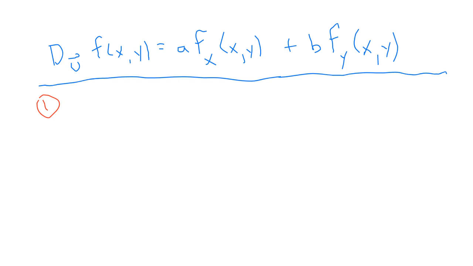So case 1, let's say that our vector is u1. All right, so we want the directional derivative of our function in the direction of 0, 1. Okay, and incidentally, of course, A is 0 and B is 1.